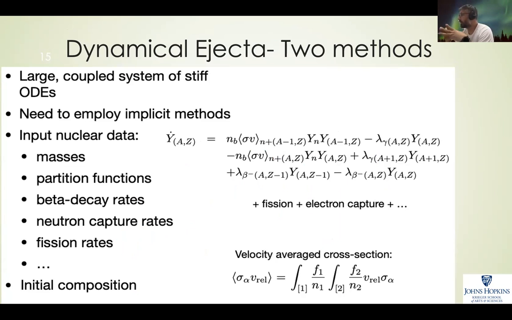Those obtained the trajectories of the ejecta, and of course the rest of the temperature and density evolution is taken directly from the hydrodynamics, following our recent simulation, also these tracer particles.